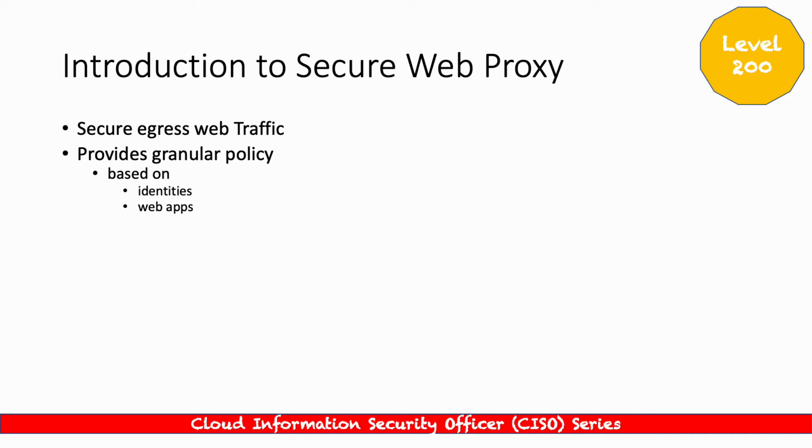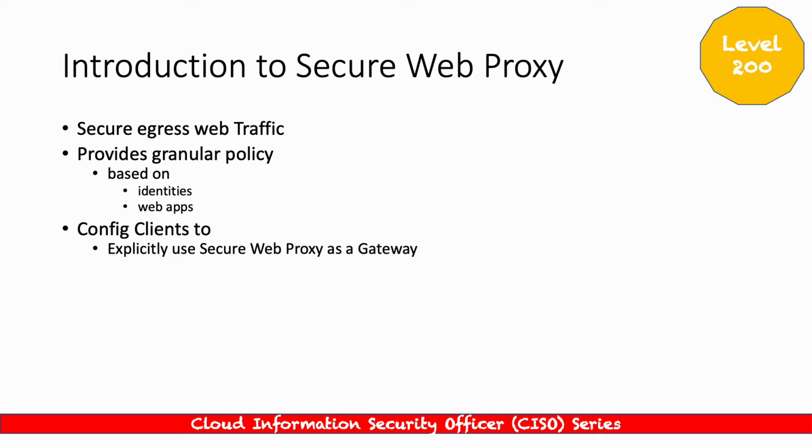It also provides us granular policies. We want to control the traffic going from an internal environment within Google Cloud to the outside world, with granular control through the policies. It's based on identities and web applications. Because it is a proxy, a means of getting out to the internet, you have to explicitly configure something to use the secure web proxy as a gateway.